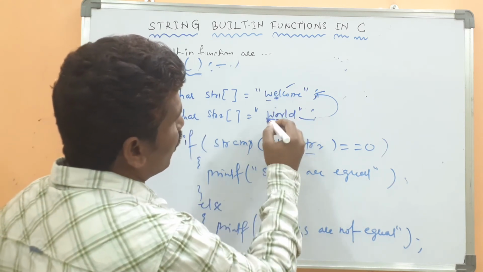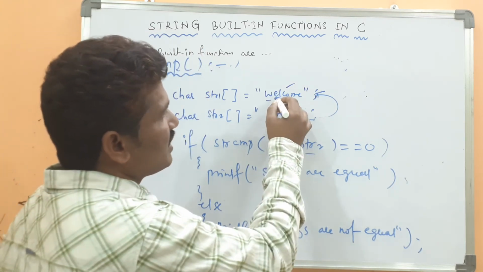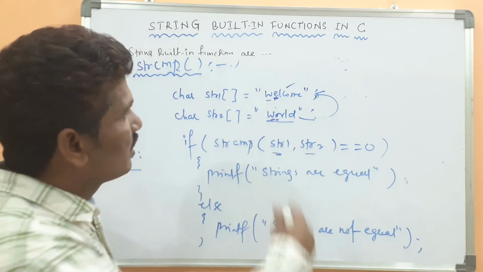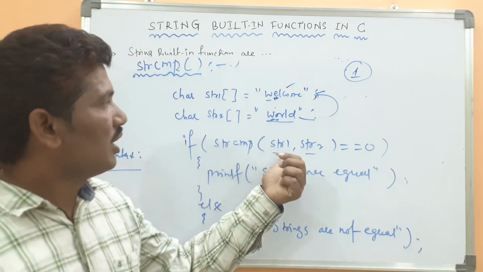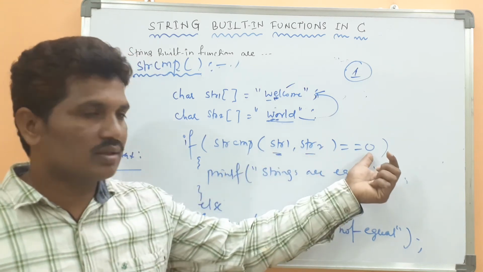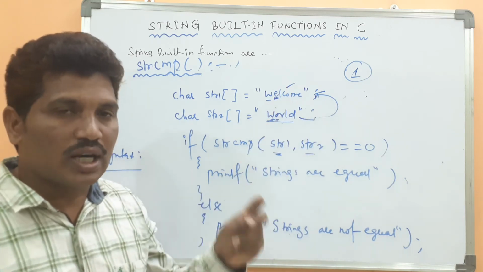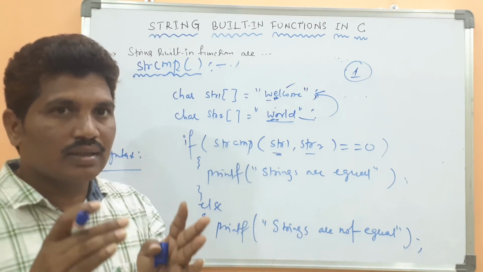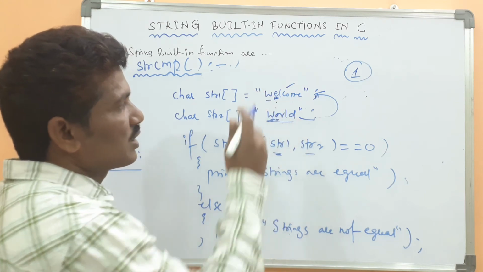Here E and O are not matching, so it returns the index position of this one. What is that index position? 1. If both strings are equal, it returns 0. If any character is not matching, it returns the index position of that character.